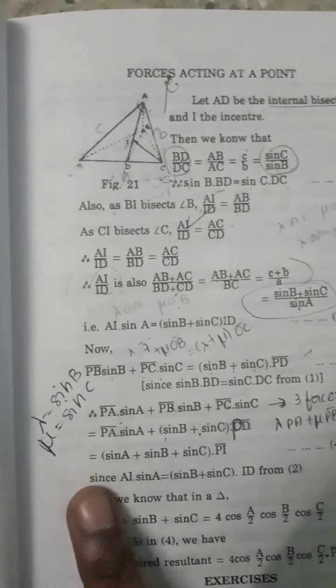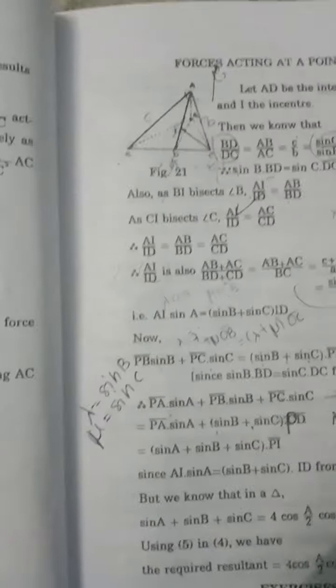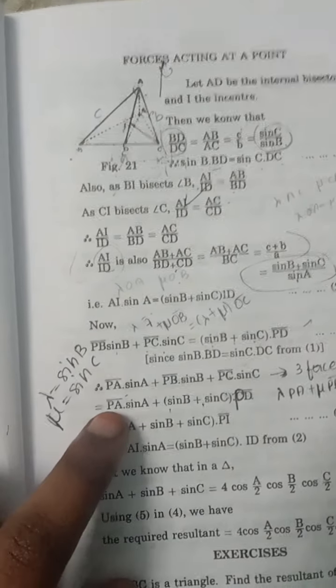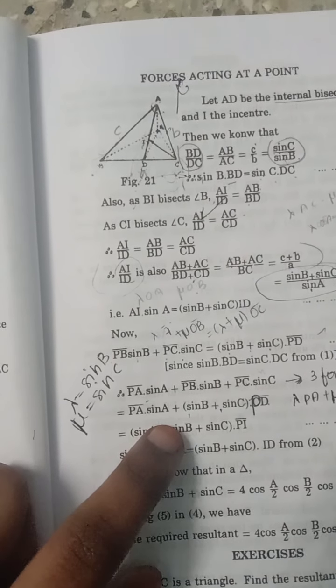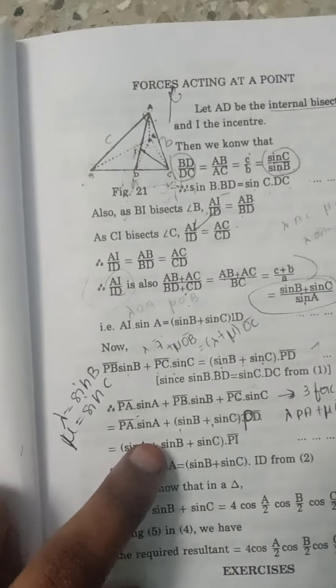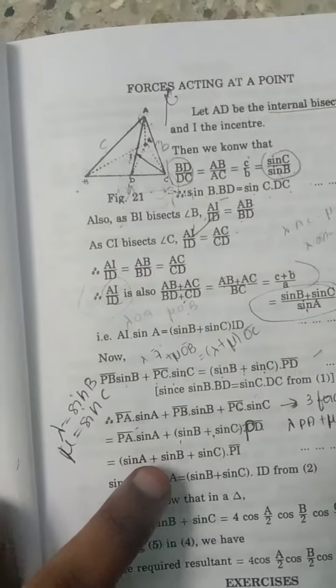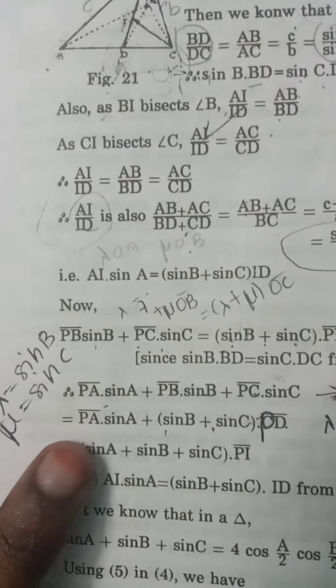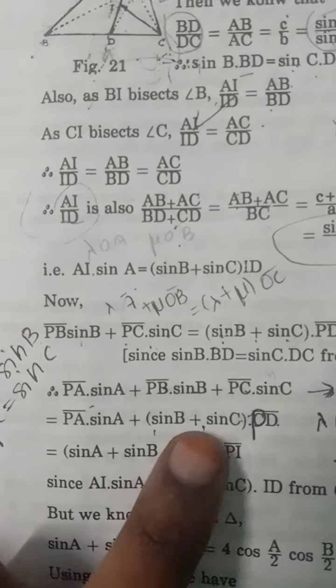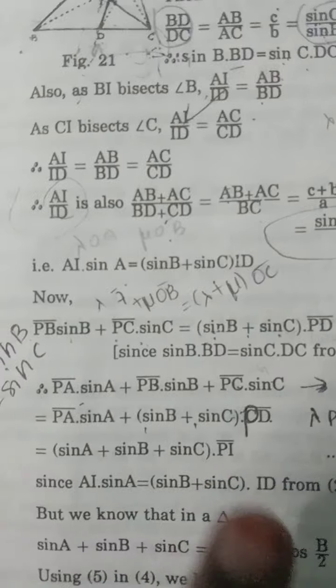Then this is in the form of one more lambda mu theorem. What is the formula? Lambda OA plus mu OB equals lambda plus mu OC. So we assume PA sin A is lambda OA and sin B plus sin C is mu OB.